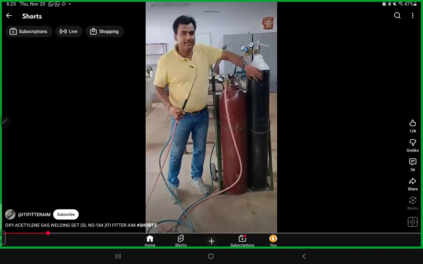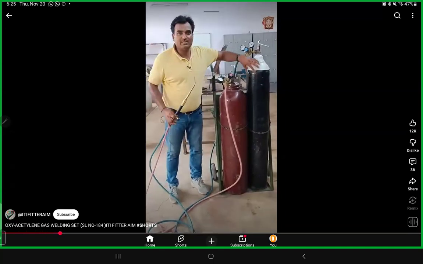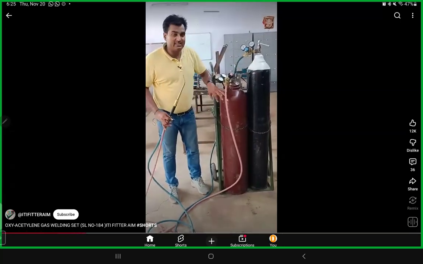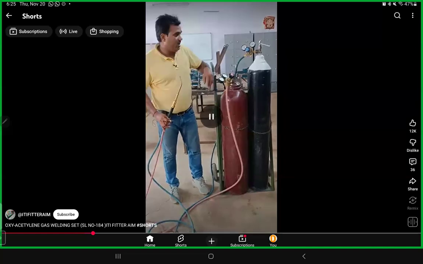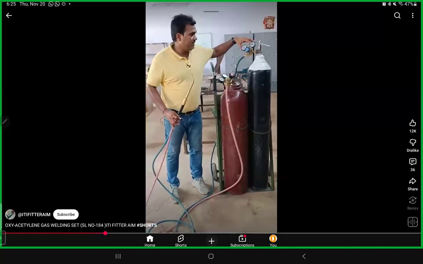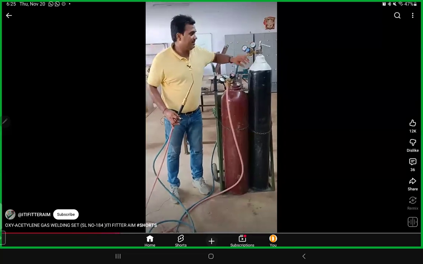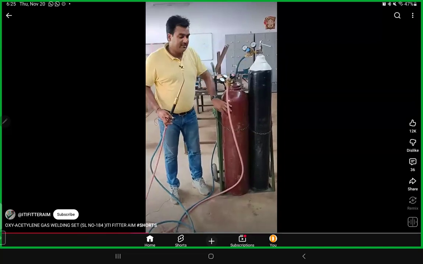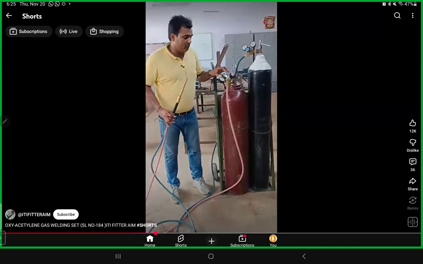This is the oxyacetylene whole system together. This black color cylinder is the oxygen cylinder. Red color is acetylene. These white color are the regulators of gas, both acetylene as well as oxygen gas.